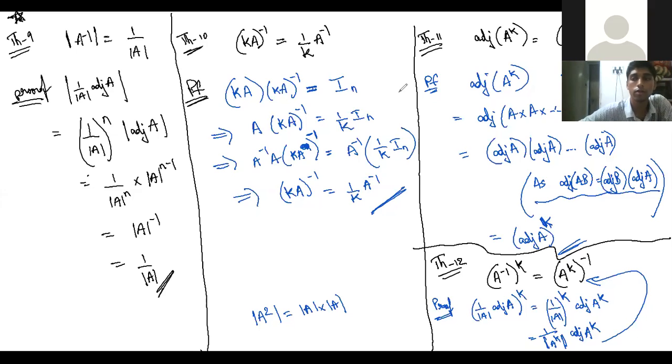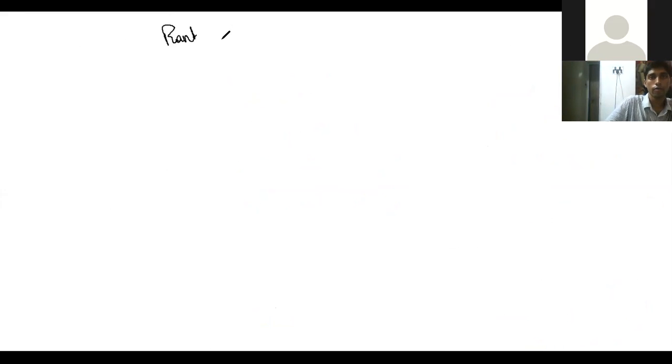Fine. So we'll go to the next topic. The rank of a matrix. Small topic, a few minutes, and then we'll stop. Does anyone remember what we mean by submatrix?